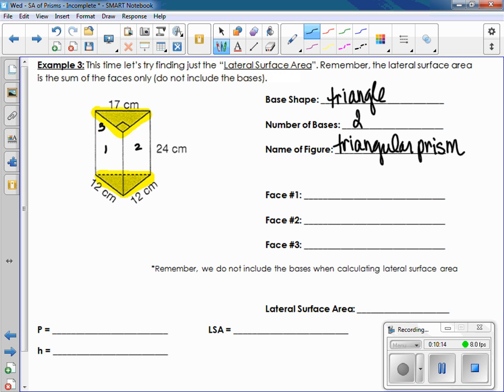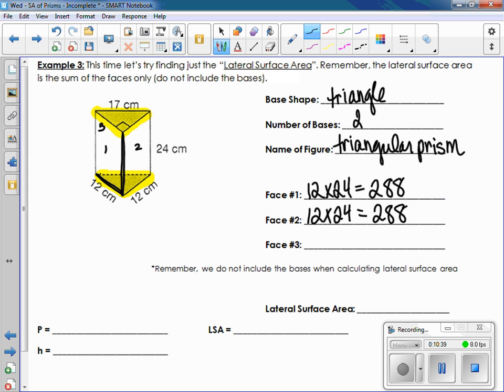So for face number 1, and it doesn't matter which one you call face 1, 2, or 3, it's going to be 12 times 24. And face number 2 is also going to be 12 times 24, which is 288.